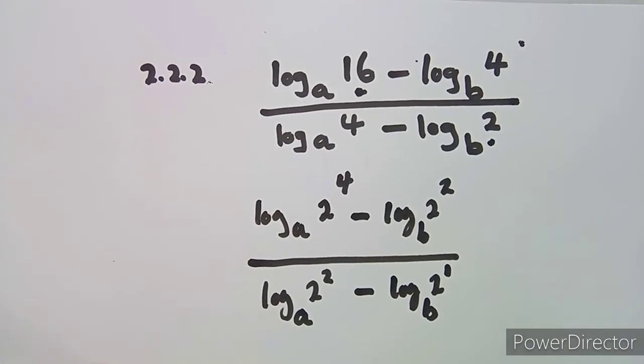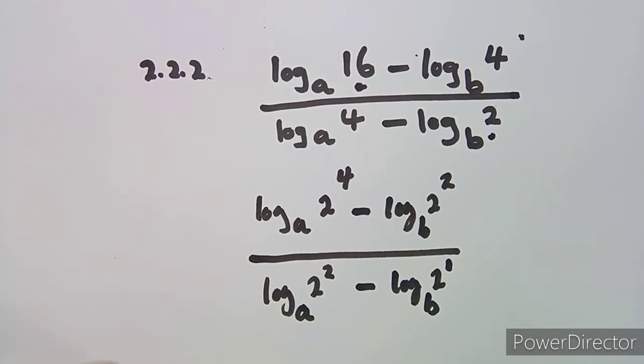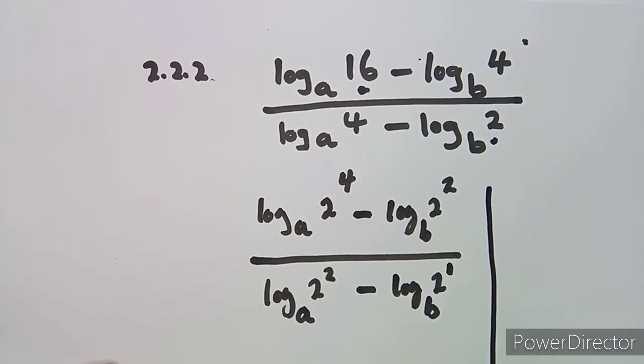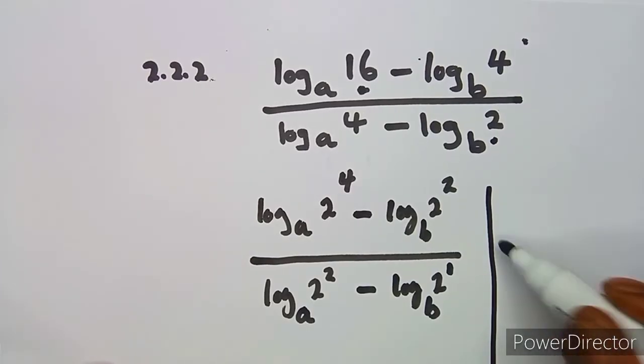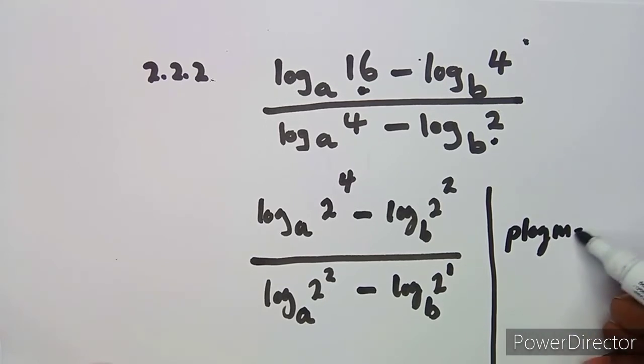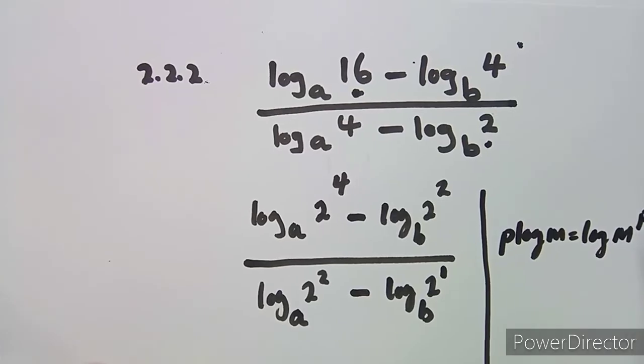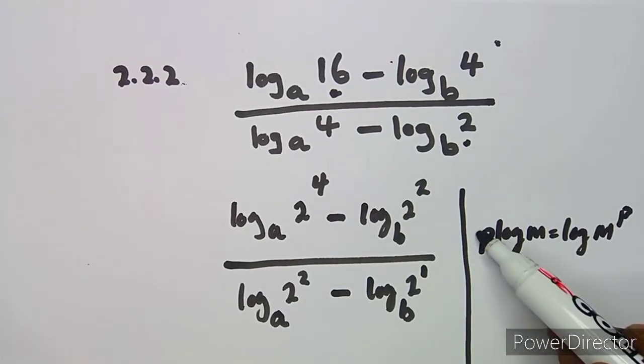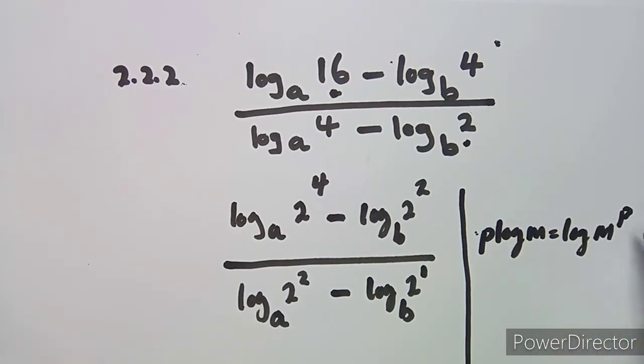Now we have the laws of exponents of logarithms. I talked about this law a lot of times, if you still remember: log m to the exponent of p. If you are given it as an exponent like this, you can write p multiplying the log.